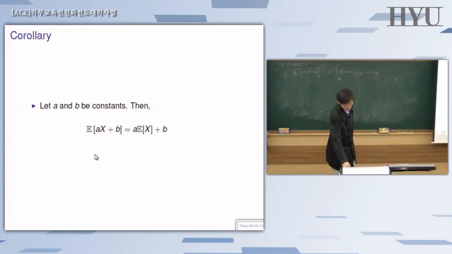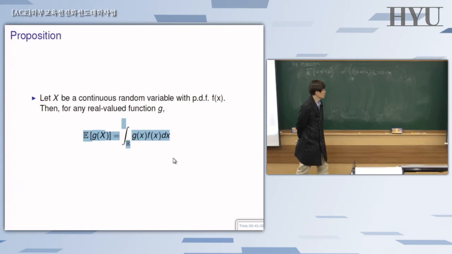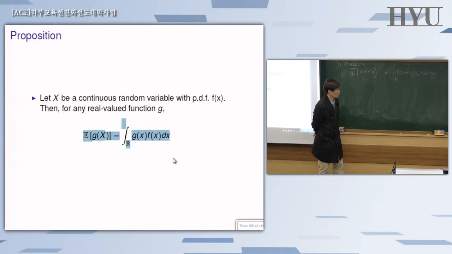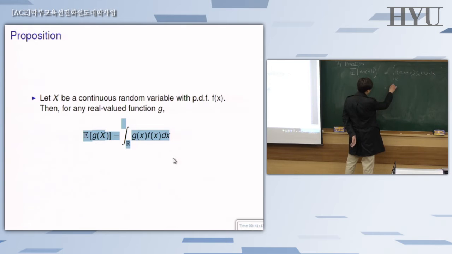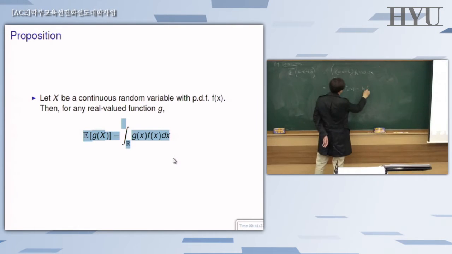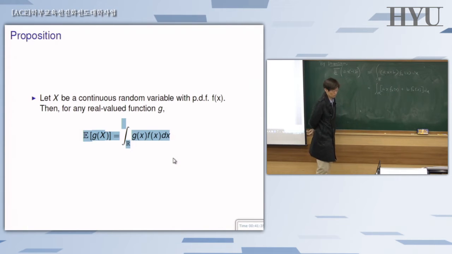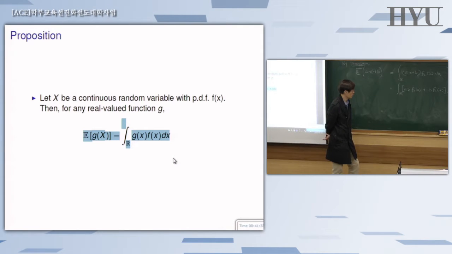So that's what the proposition says if you go back. You're applying this one. You can expand it. Just apply this function to the first term inside, and then apply the same function to the second term inside, and just write that as two different factors. And then you can divide it into two different integrals.